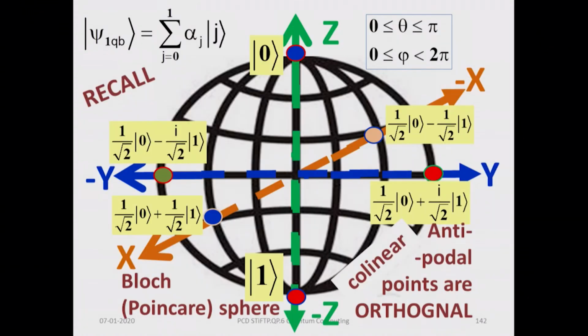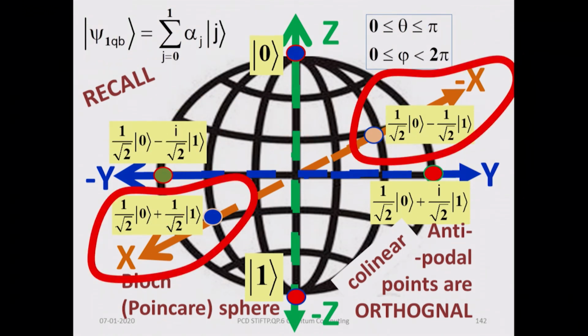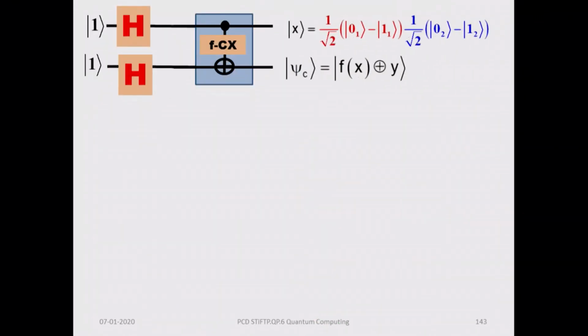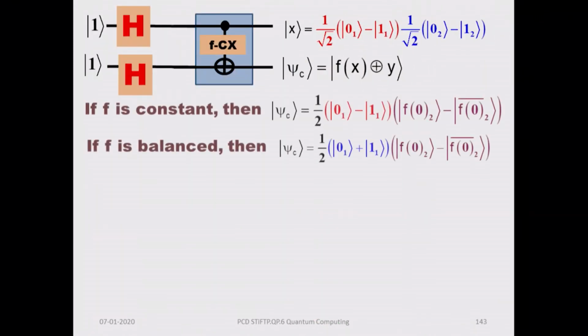So, this was the Bloch sphere and these are the points. So, you have the plus combination and the minus combination which are antipodes of each other. We have seen this figure earlier, right. So, these are antipodal points on the Bloch sphere and this is what we now have got.